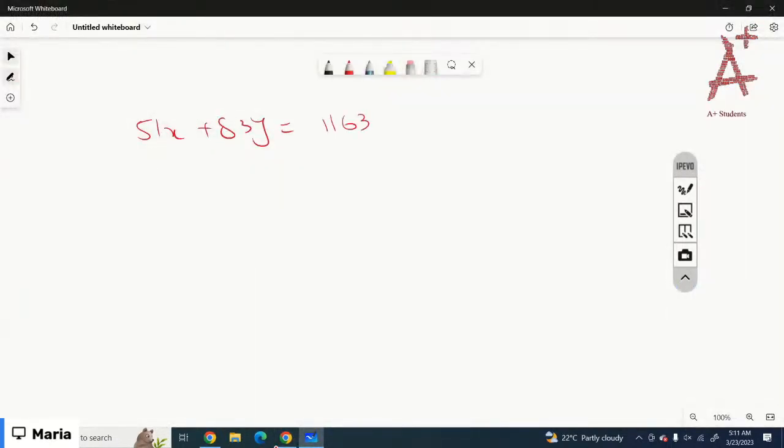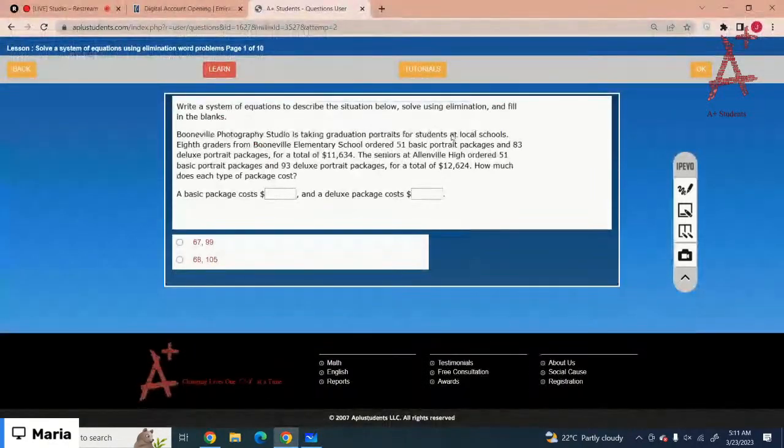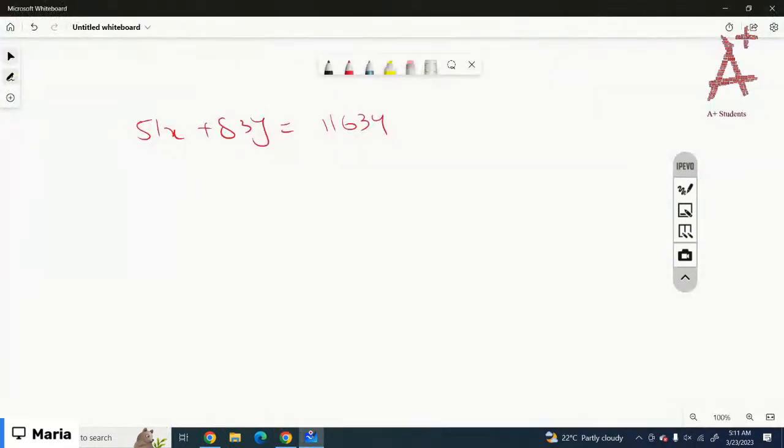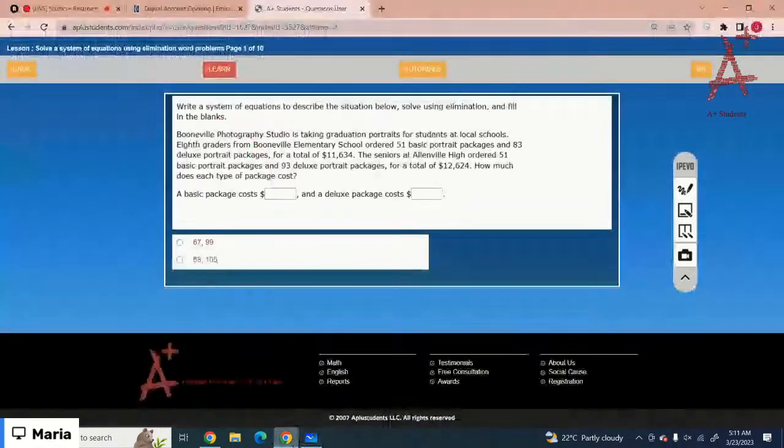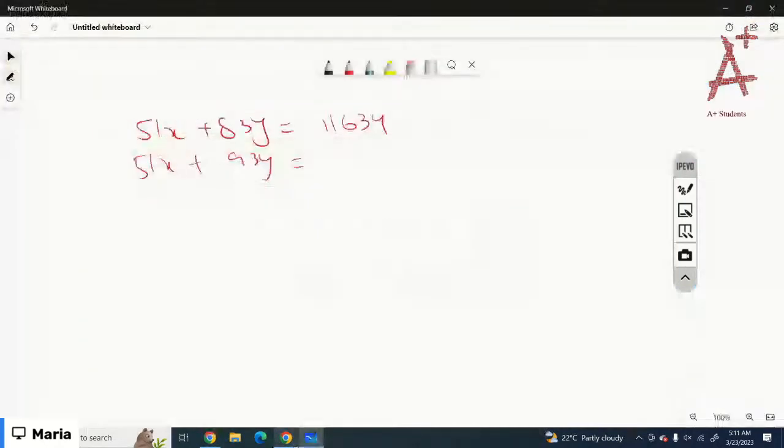And the second equation: the seniors of Allenville High School ordered 51 basic portrait packages and 93 deluxe. It would be 51x plus 93y equals 12,624.